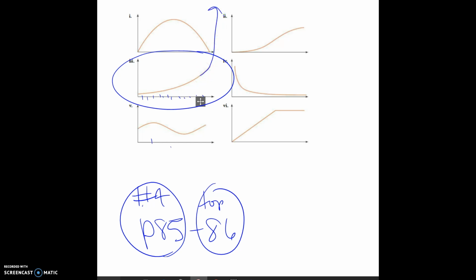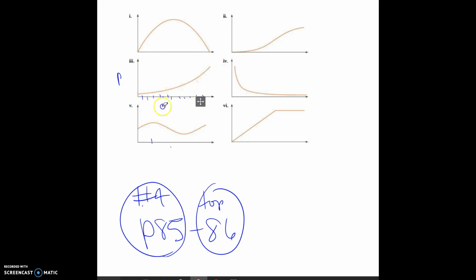My independent variable is time, which is in hours, and then what I'm measuring is the population or the amount of bacteria. So that one is C. All right, let's keep going.